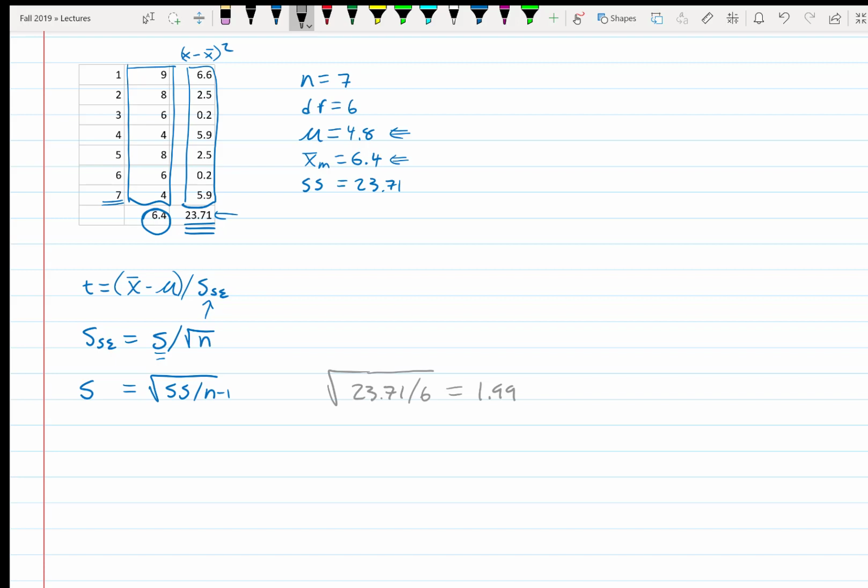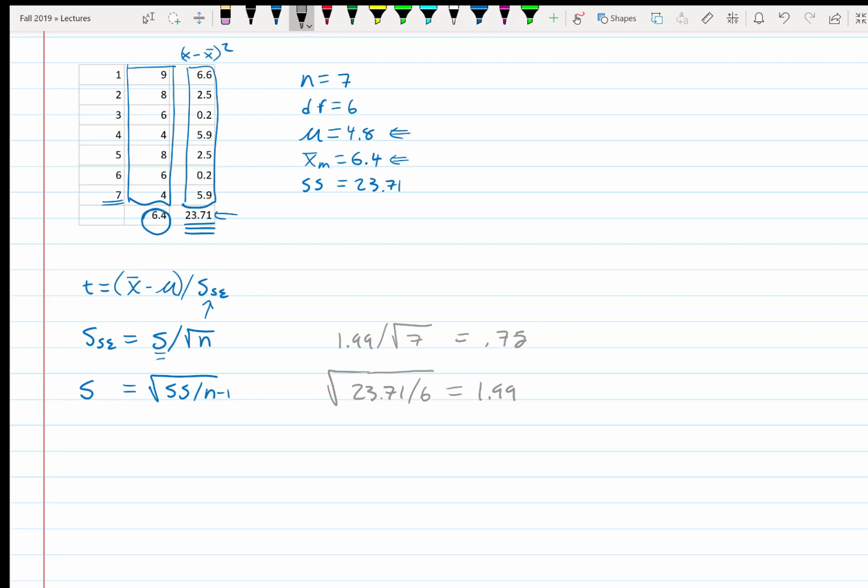I'm going to take that 1.99 and plug it into our standard error formula. We're going to get 1.99 divided by the square root of 7, which is going to equal 0.75. And I've been saying 199, you can see it's 1.99. It's going to give us 0.75. All right.